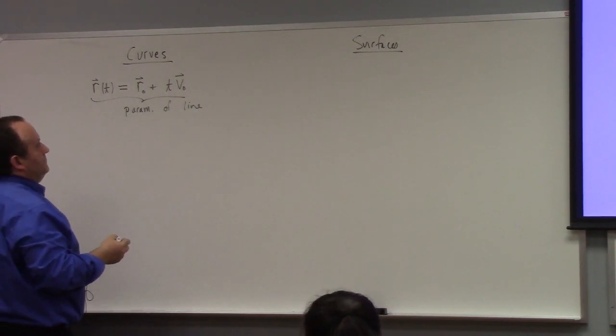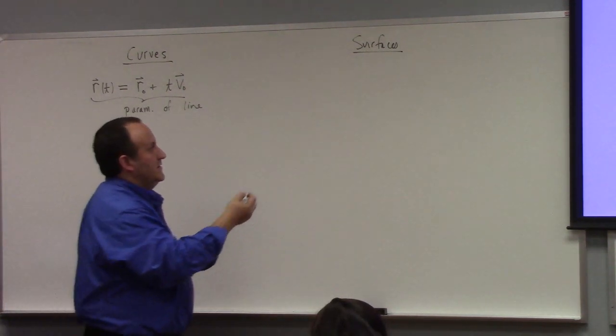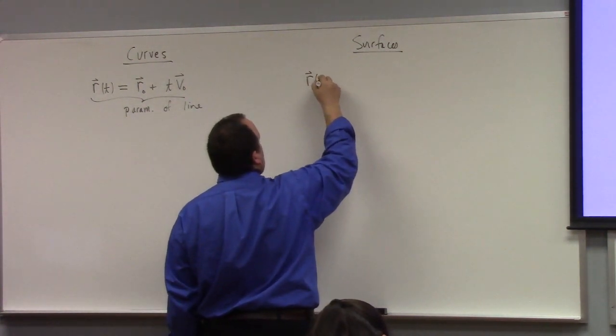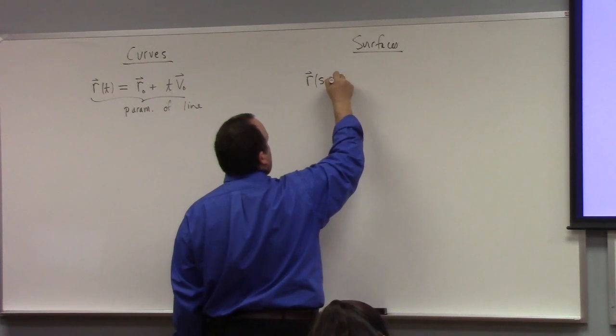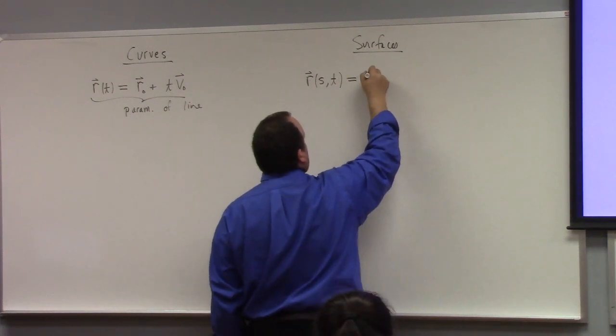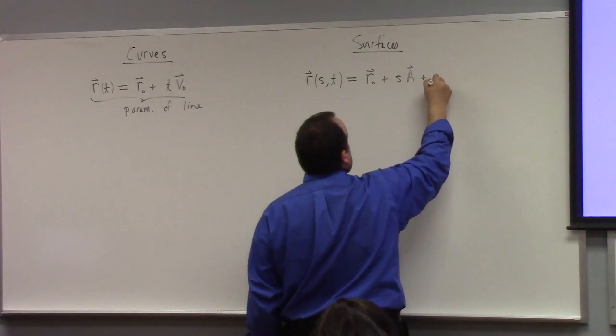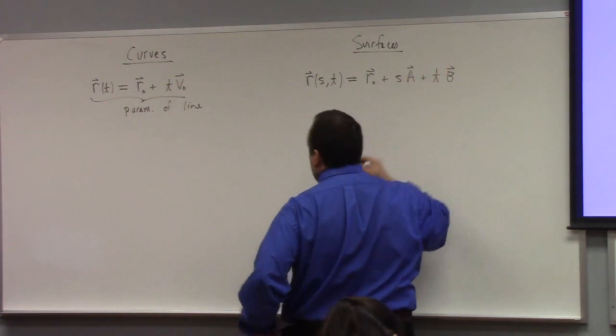And on the other hand, a surface, what would a parametrization of a surface look like? Well, you might have R of s comma t equal to, say, R0 plus s times a vector plus t times b vector, right?